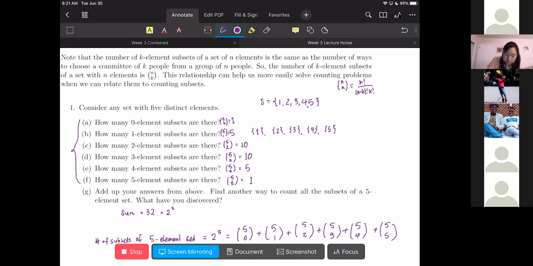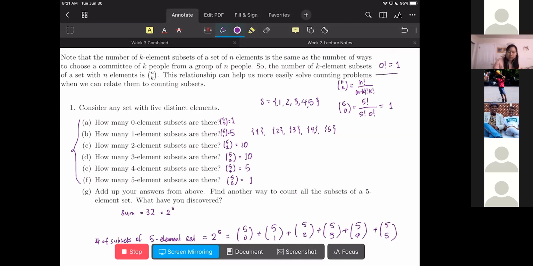So if we plug in 5 and 0, then we get 5 choose 0 equals 5 factorial over 5 factorial times 0 factorial. We define 0 factorial as 1. And so this equals 1.